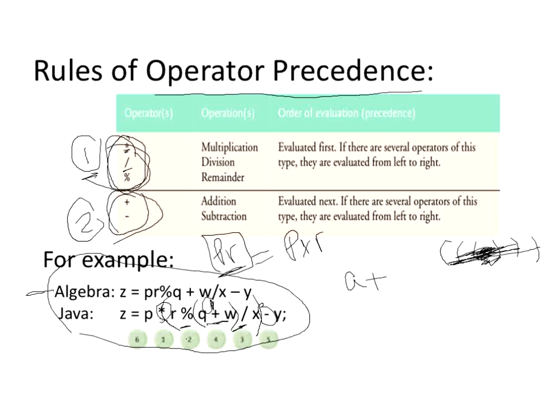If we have the equation a plus b times c, it does not equal a plus b, then times c.